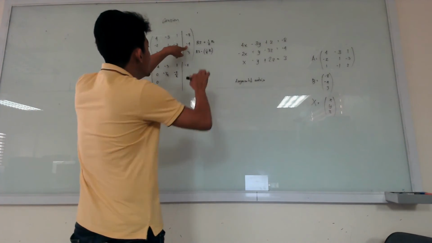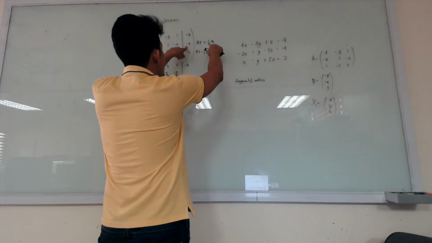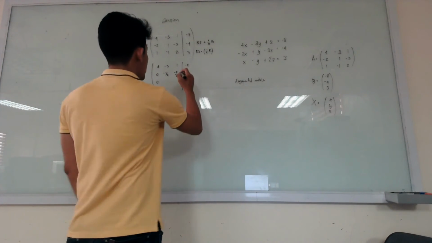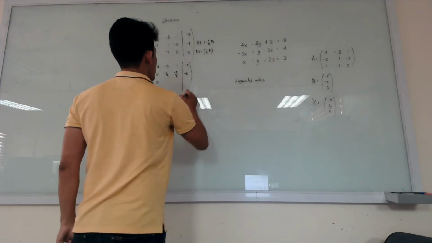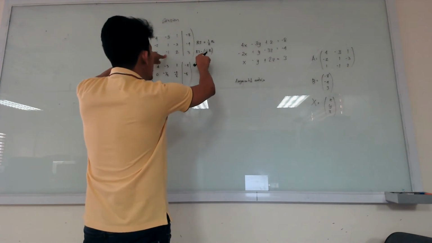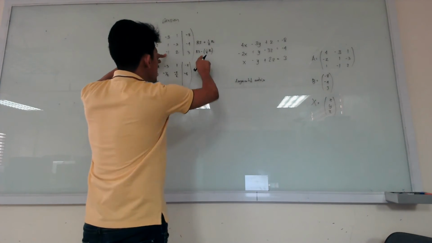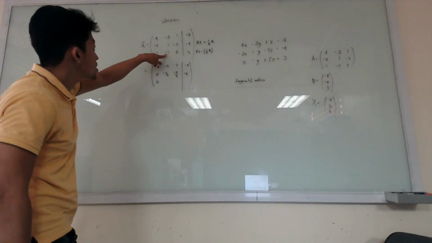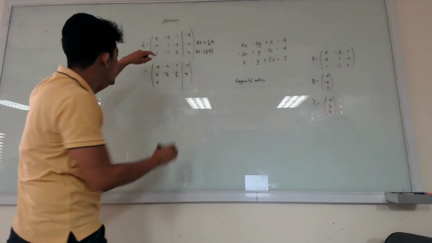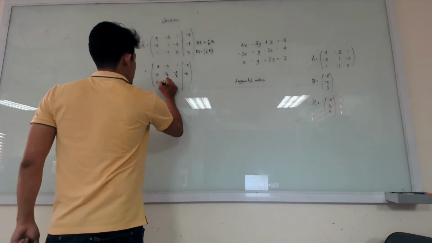Negative 4 plus negative 4, this becomes negative 8. Okay? And then proceed ka dari, negative 1 plus 3/4 is negative 1/4. Okay, negative 1/4.